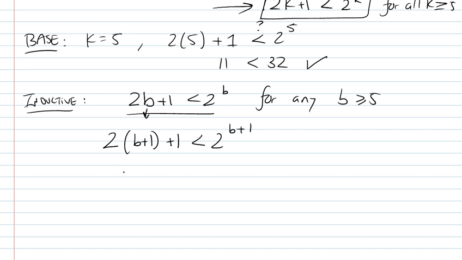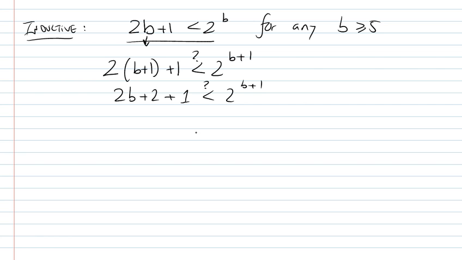Here we could expand that, and we get 2b plus 2 plus 1 is less than 2 to the b+1. So we're trying to actually prove this. We don't know yet if that is correct. So if you look at this, you have a 2b plus 1, which is essentially that expression right here, and that's less than 2 to the b by the induction hypothesis.